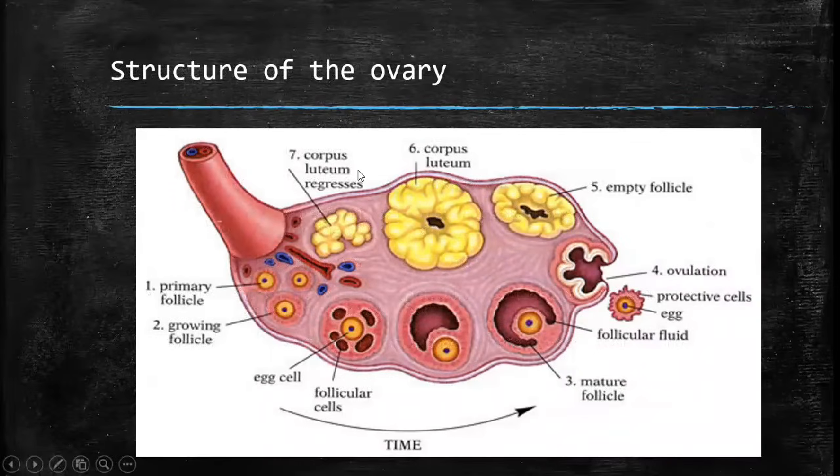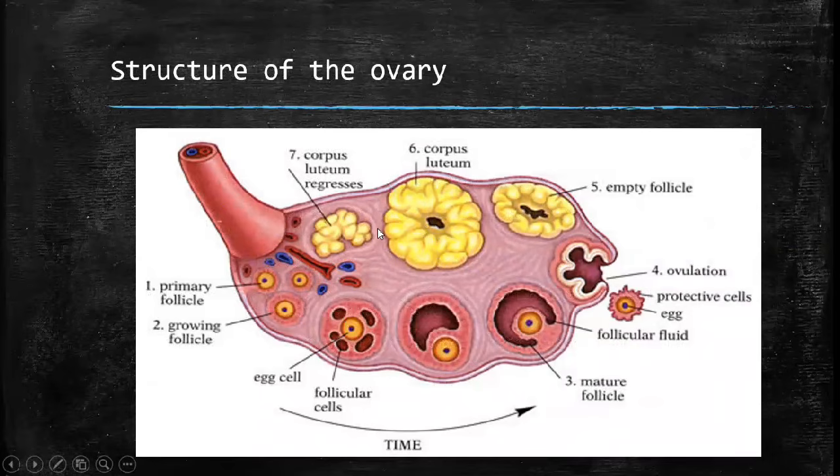Now, let's just look at the structure of the ovary. Guys, you need to know how to label the structure of the ovary, because you might be given this structure and then you're supposed to give labels. Unfortunately, your exam does not give you colored structures. They are in black and white.